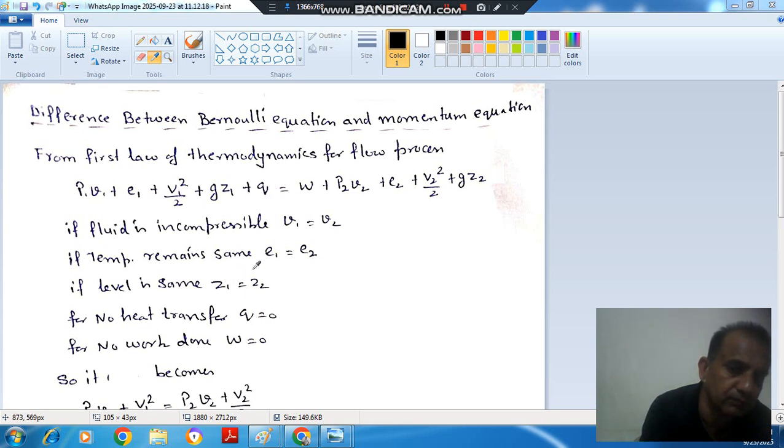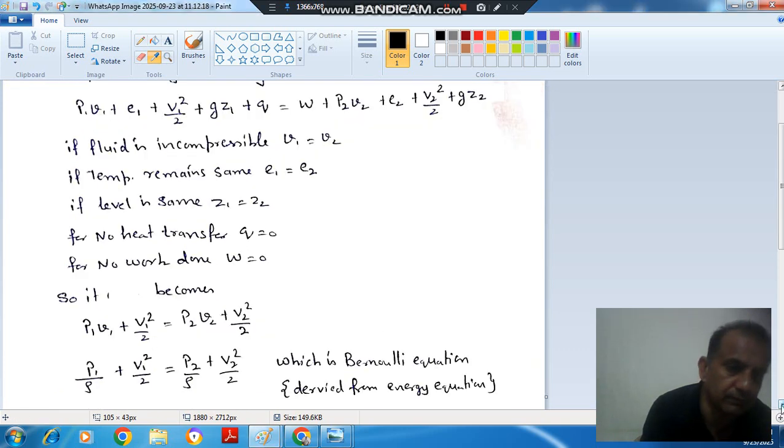If there is no heat transfer, Q will be 0. If there is no work done, then W will be 0. Then this equation will become Bernoulli's equation, or we can say P1 v1 plus V1 square by 2 is equal to P2 v2 plus V2 square by 2.